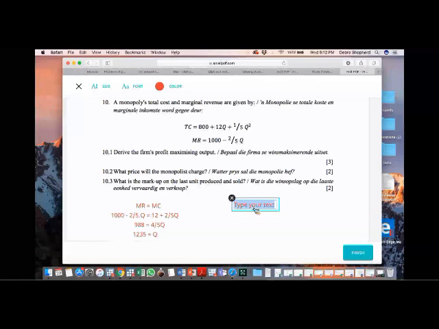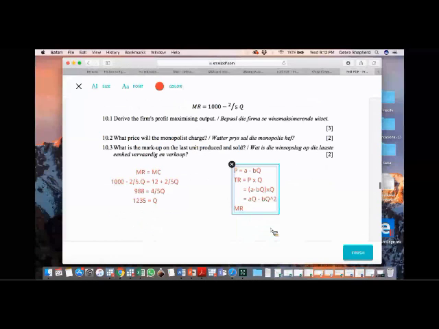The way that works is, if demand is generically given by price equals A minus BQ, and we know that total revenue is price times quantity, then I can substitute in price with A minus BQ times Q. That will then give me A times Q minus B Q squared.